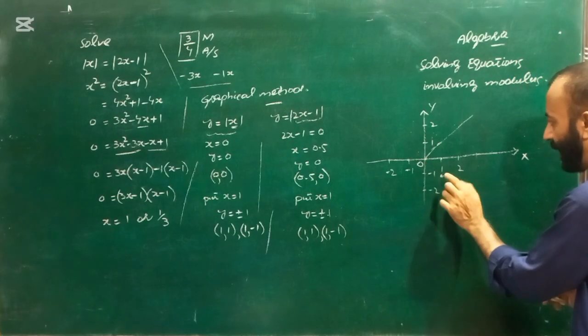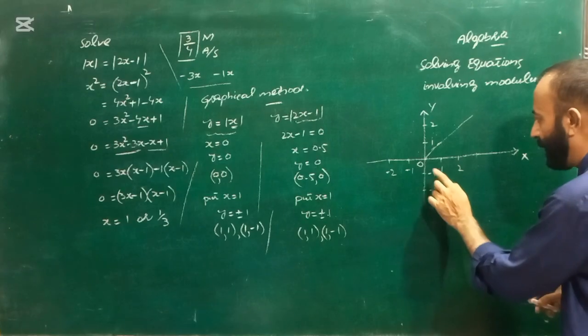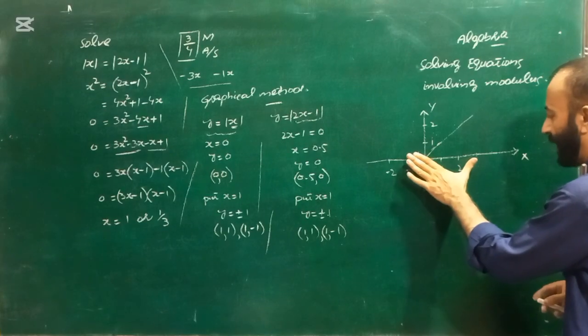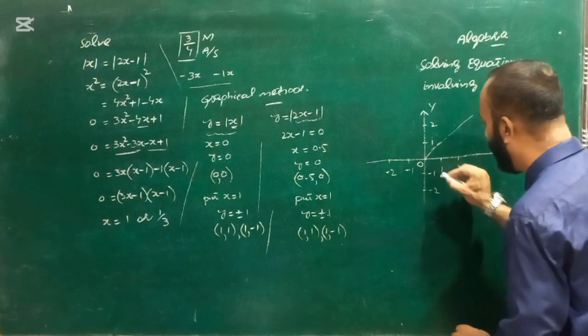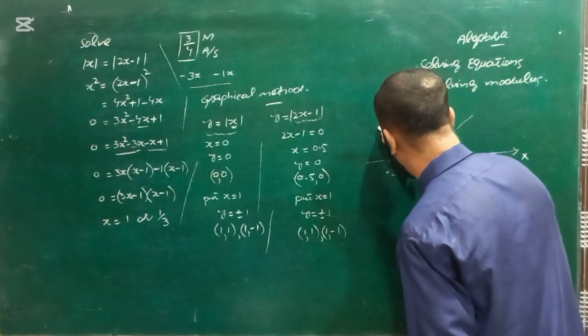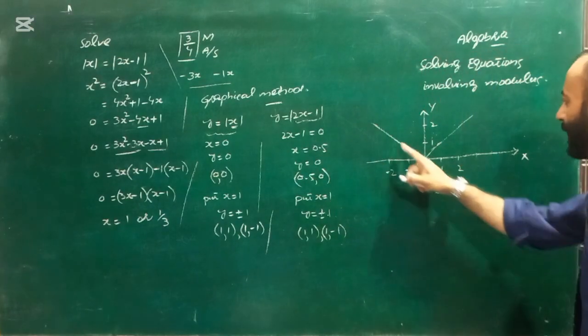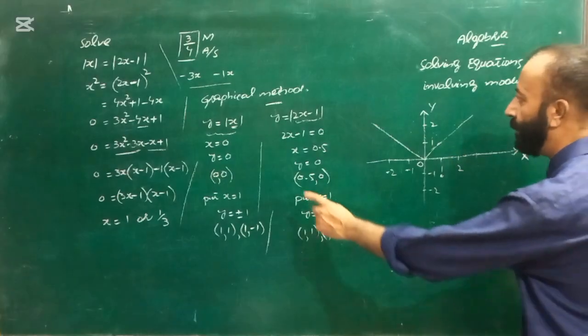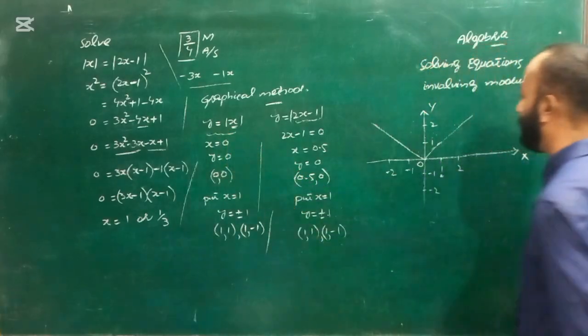So you will join these points 1, minus 1 and 0, 0 with the help of a scale, and you will draw the line above the x-axis. So this is the graph of this equation.